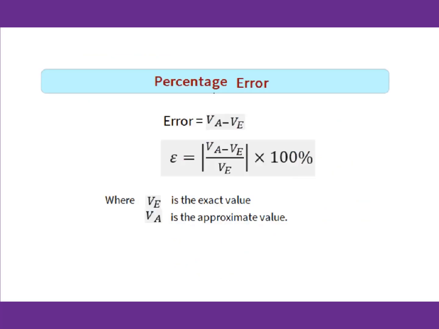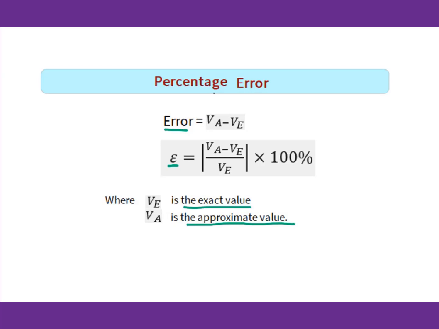Now let's talk about percentage error. Error equals VA minus VE. VA means the approximate value. VE means the exact value. So your approximate value minus the exact value will be the error. So error could be negative.